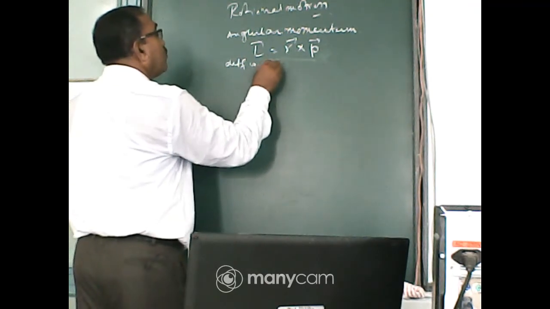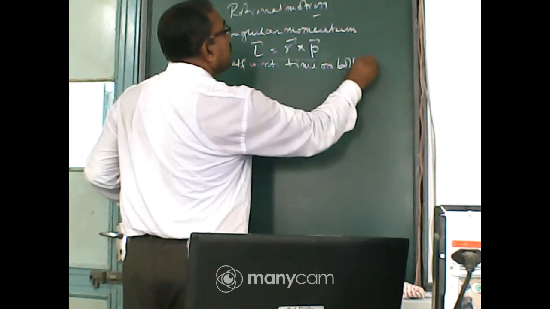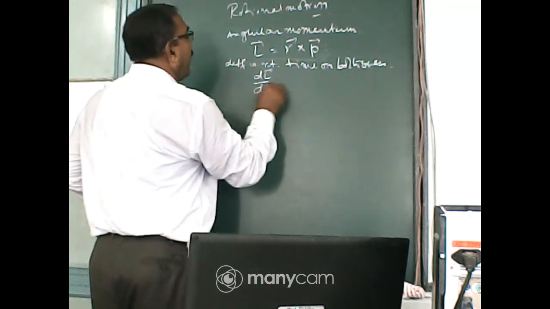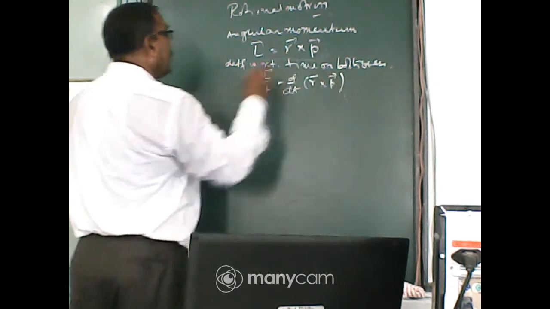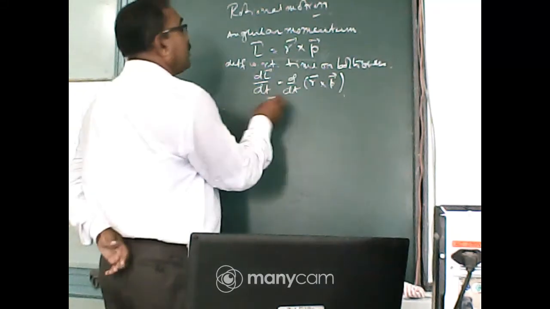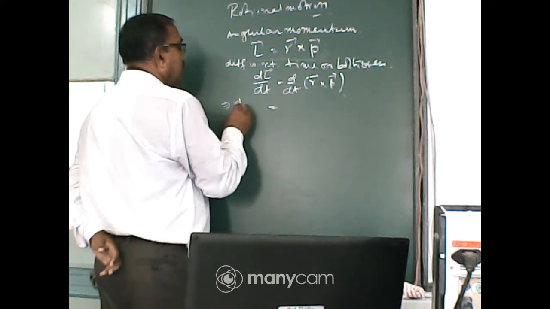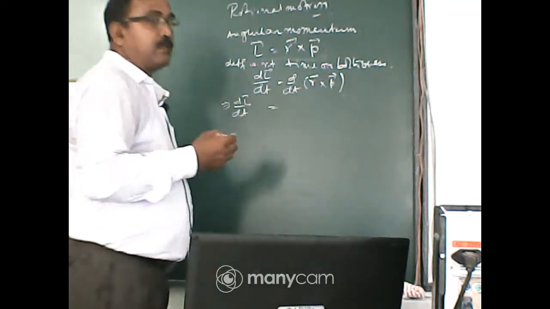Differentiation with respect to time on both sides: d dt of L equal to d dt of R cross P. Okay, what is the differentiation formula? d dx of u into v. Very good.